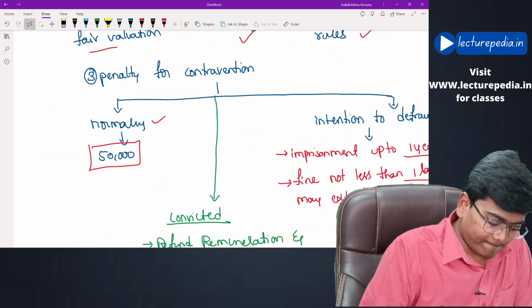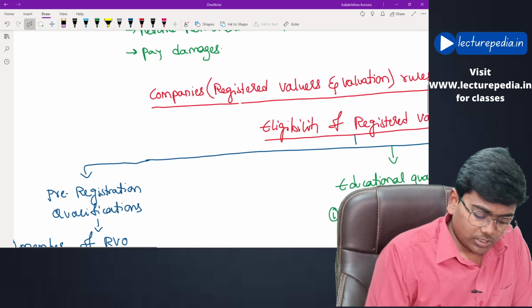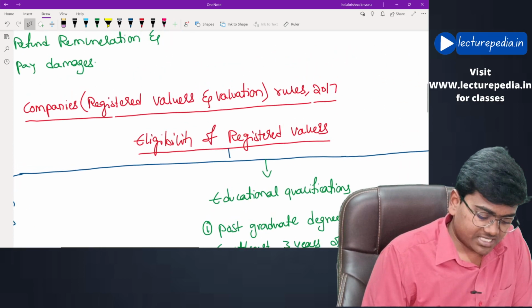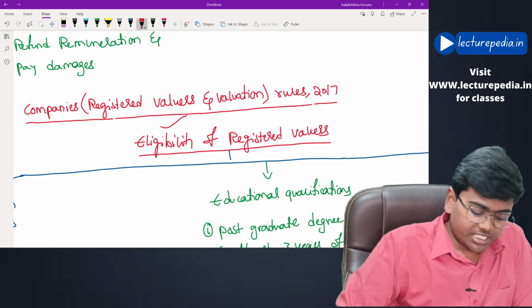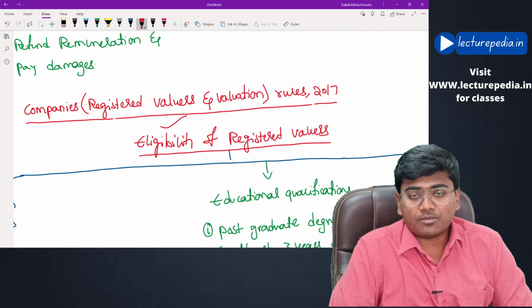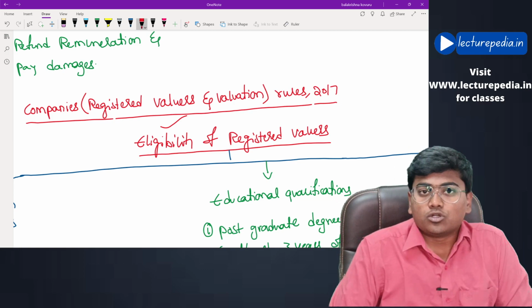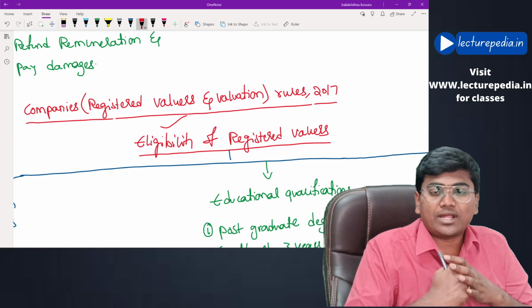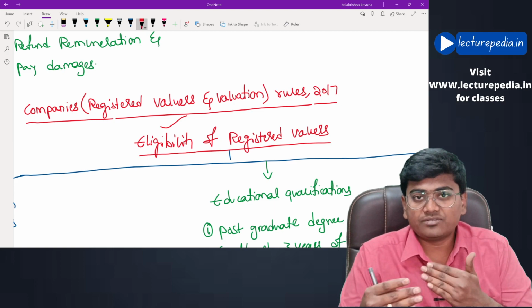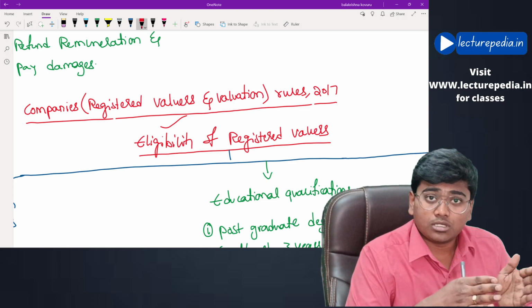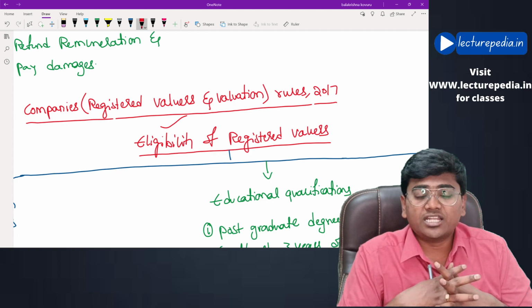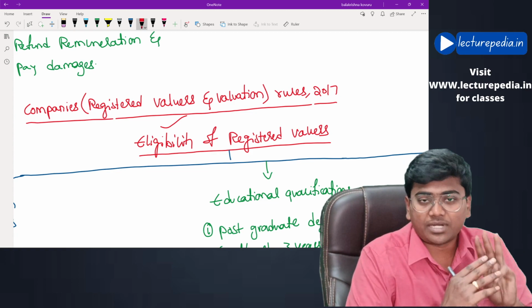Now, coming to the rules. Firstly, eligibility of registered valuers. For a person to get registered as a registered valuer, he must satisfy some conditions. I have divided these eligibility conditions into 3 parts.